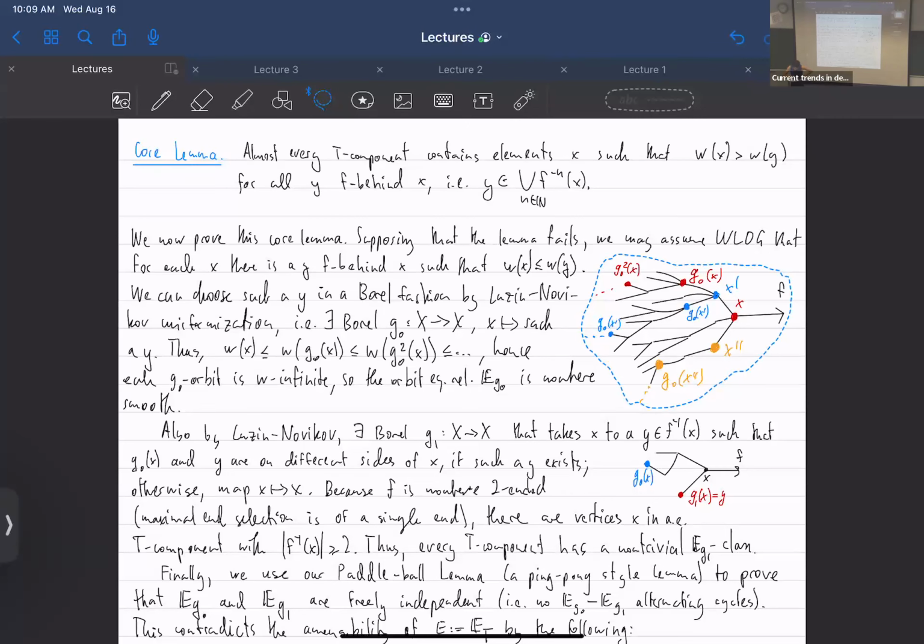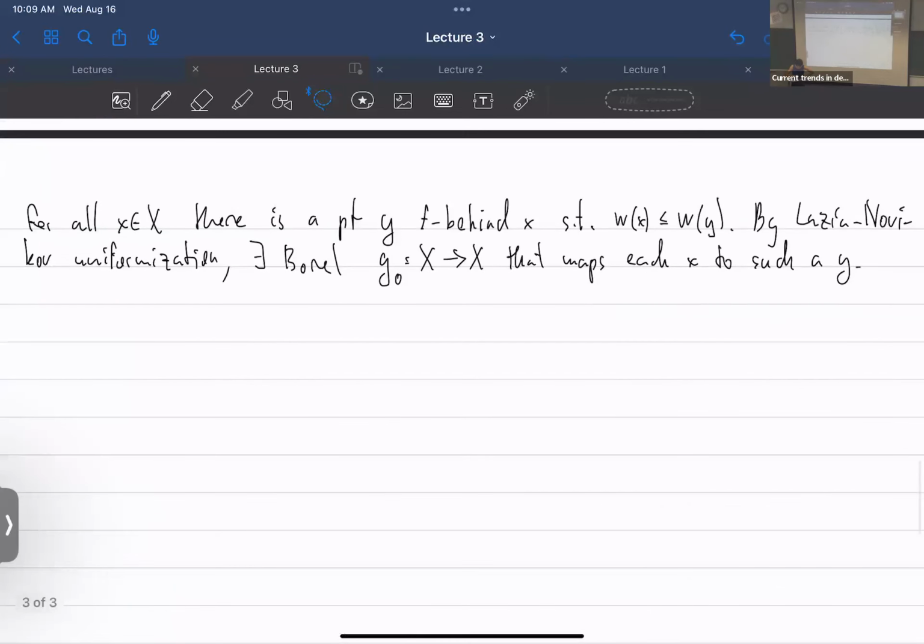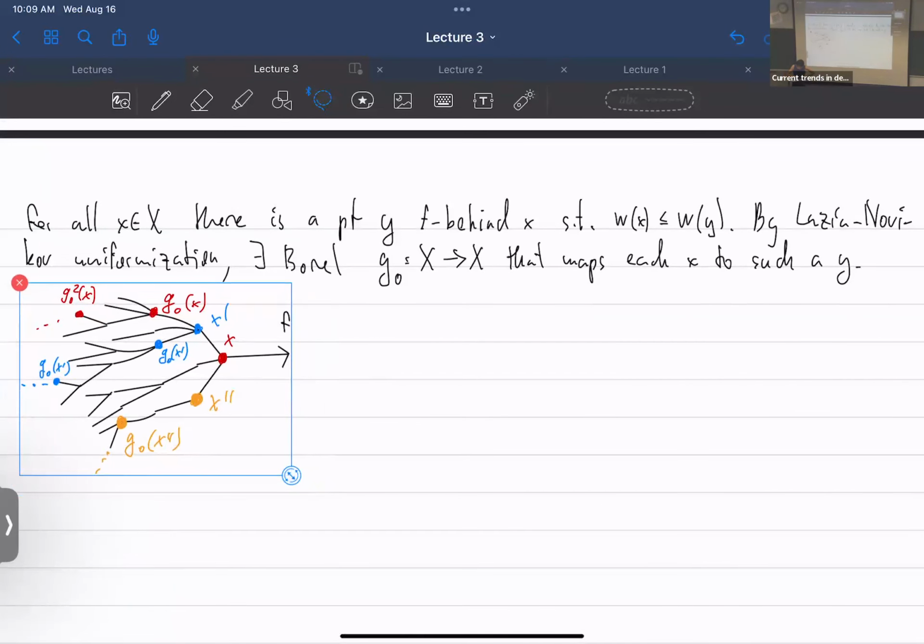Okay, so this is the picture of this function. Each x picks some lexicographically listed y such that x is less than or equal to it, and then this guy picks some listing behind it such that this is bigger than or equal to this.